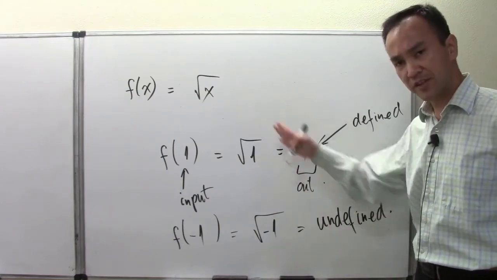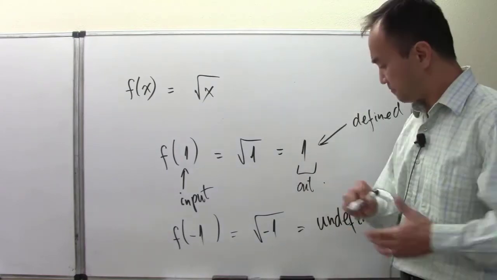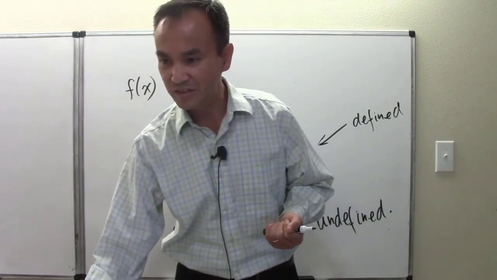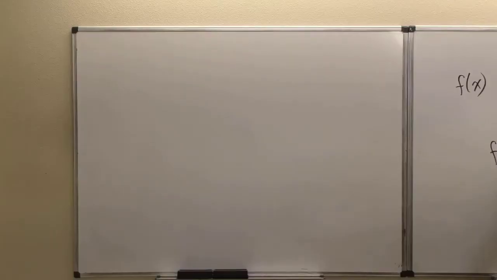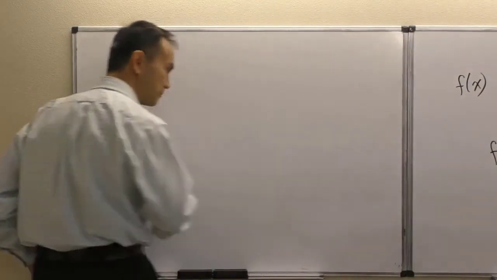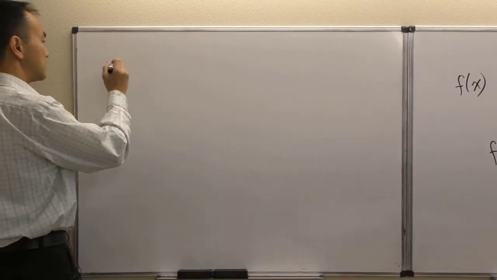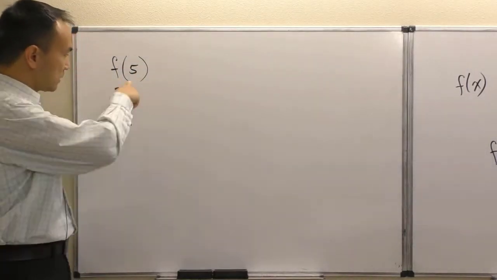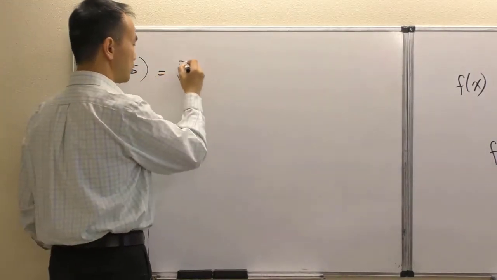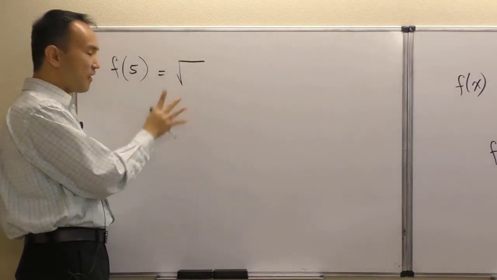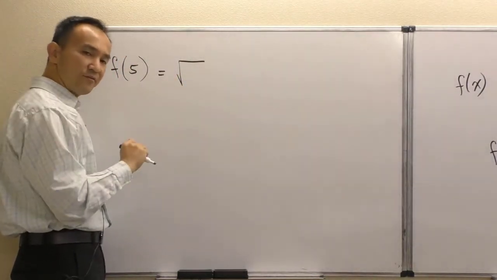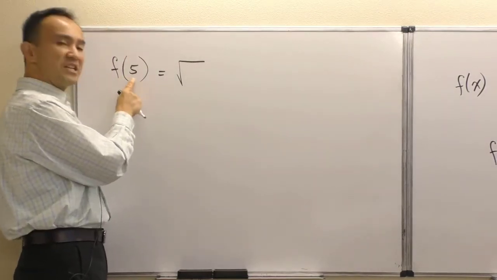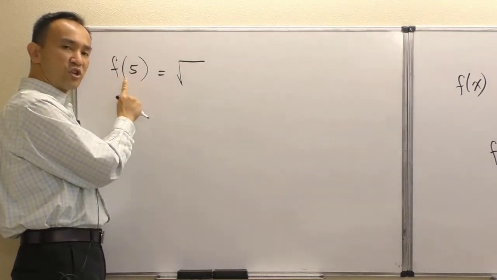Same function. Let's try again. Maybe let me switch to the other board so that I can still keep the other board for a good purpose. So what about f of 5? With this input, we have a square root according to the rule of the function, and f is still f of x equals the square root of x. So f of 5 means the input is switched to the value 5.